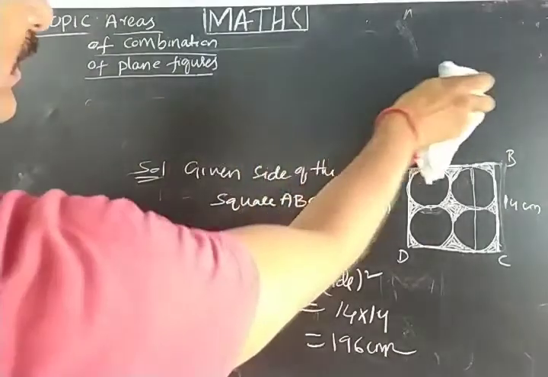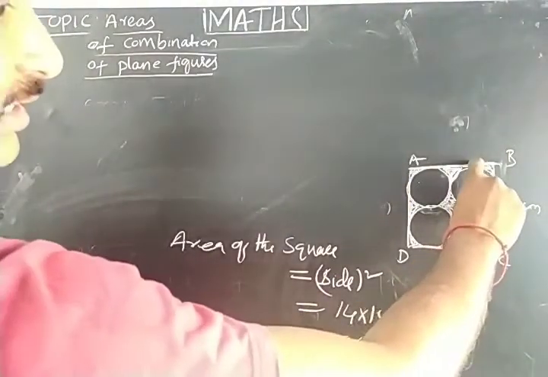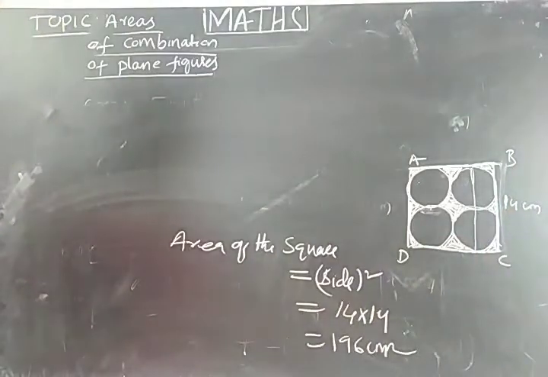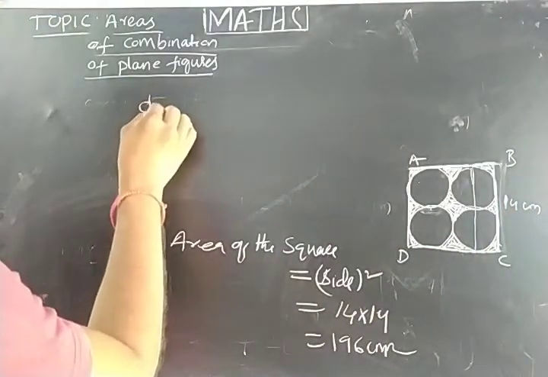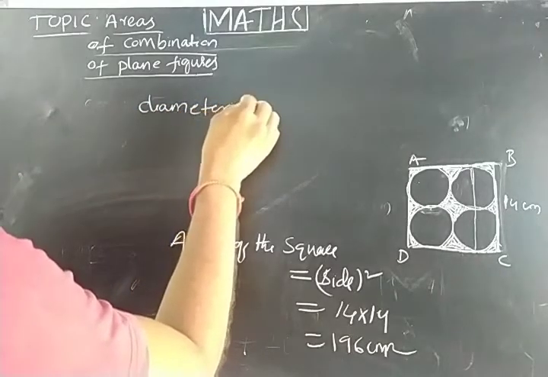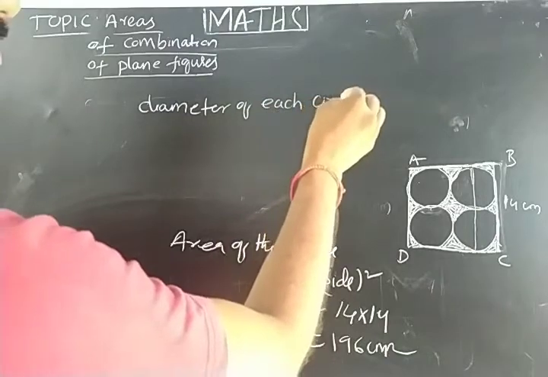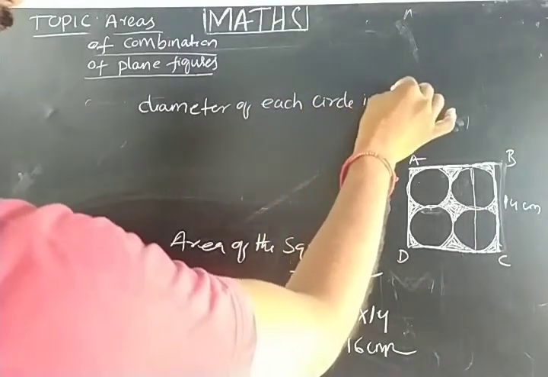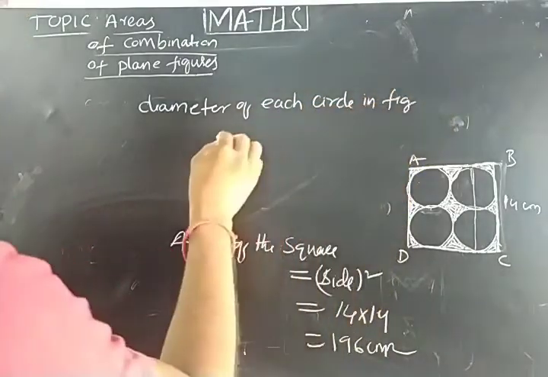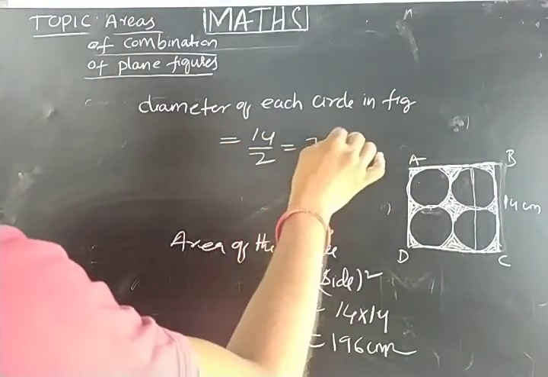Now I am going to find first of all the diameter of the circle. How can we get the diameter of the circle? Divide 14 by 2. Right? Diameter of each circle in the figure is equal to 14 by 2, that is 7 centimeters.